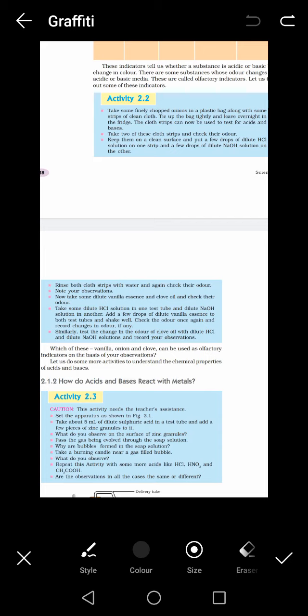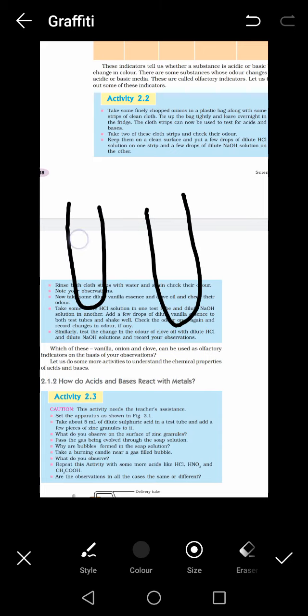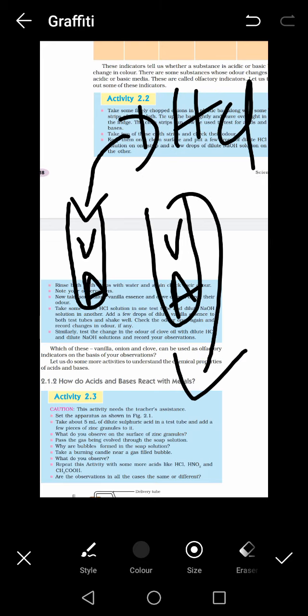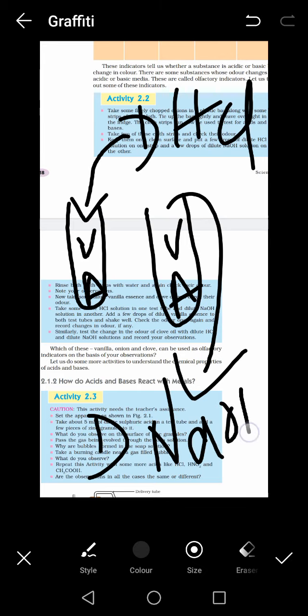Then take two test tubes and add vanilla essence to both of the test tubes. Add some dilute HCl in the first test tube and some dilute NaOH in the second test tube. What will we observe?